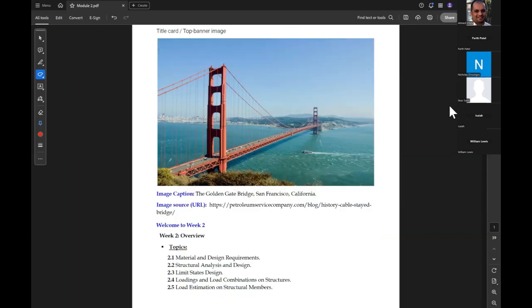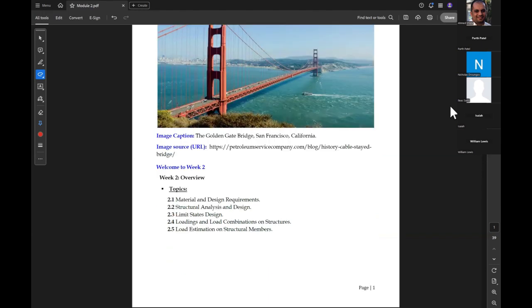The topics we will be looking at today are the material and design requirement of steel structure, structure analysis and design, limit state design, which includes two types, ultimate limit state and serviceability limit state.